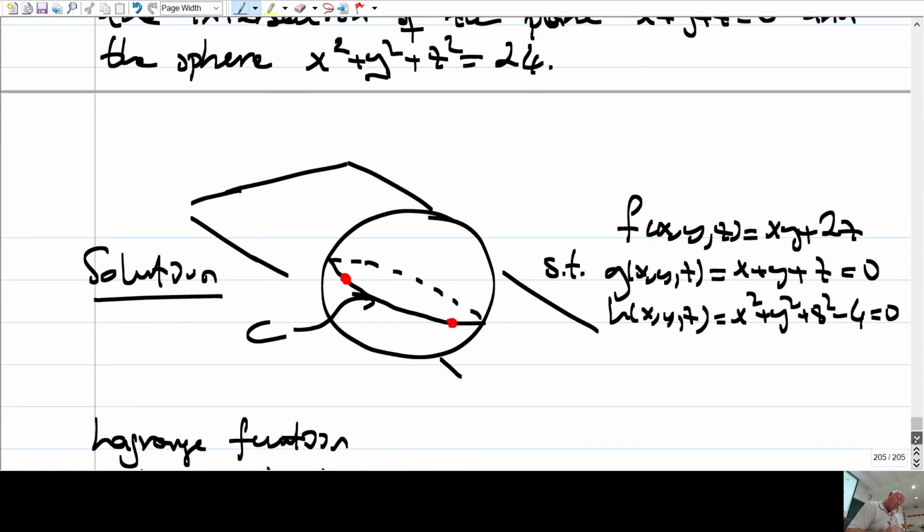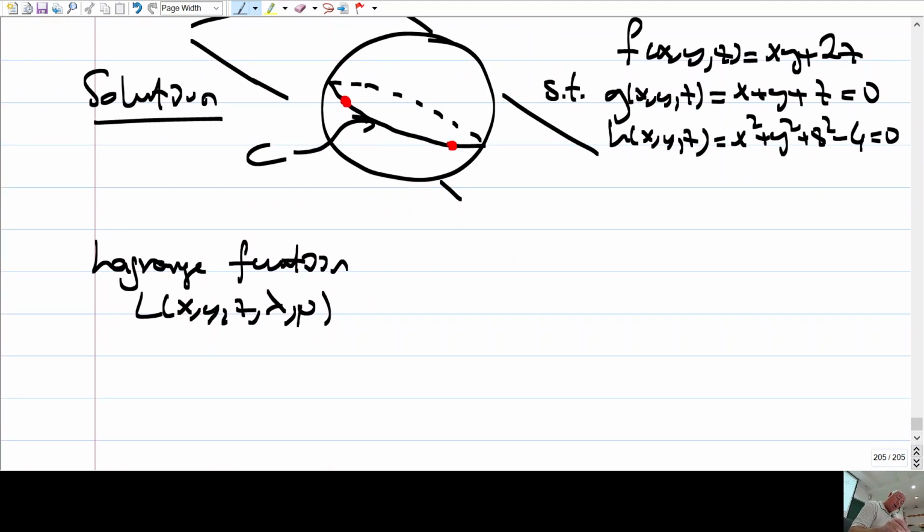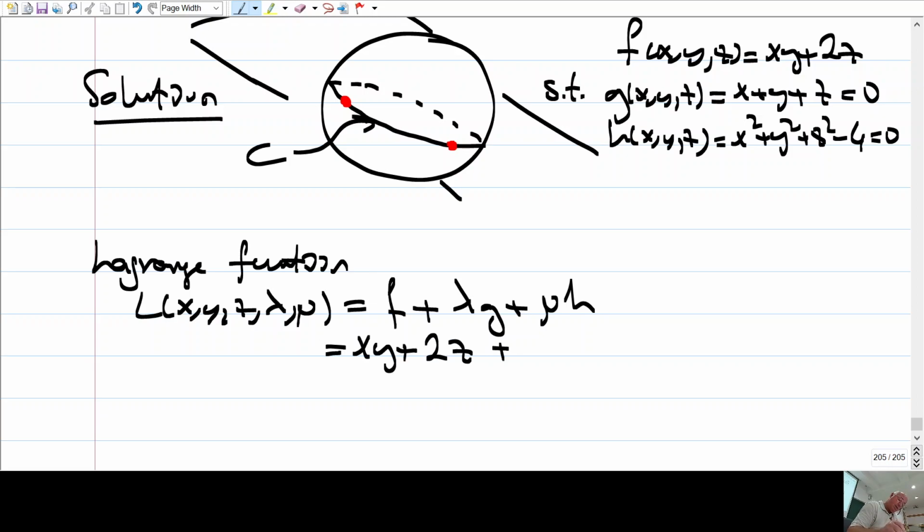Okay. So what is our L? This is F plus lambda times G plus mu times H. Namely, it is xy plus 2z plus lambda times x plus y plus z plus mu times x squared plus y squared plus z squared minus 4.